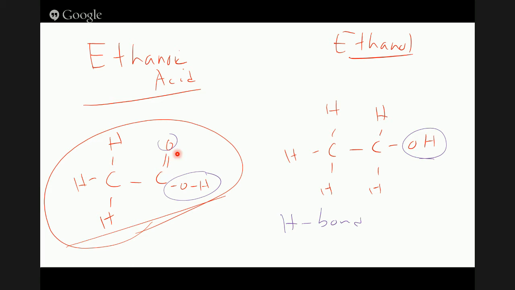So this molecule will be even more polar than this molecule. This molecule is polar here, and it can hydrogen bond. But this molecule has a carbon that has two oxygens attached to it, and it can hydrogen bond. So not only is it heavier, a larger molar mass, but it actually has a more polarized carbon here that's going to make the polarity stronger, which is going to increase the boiling point and the melting point.